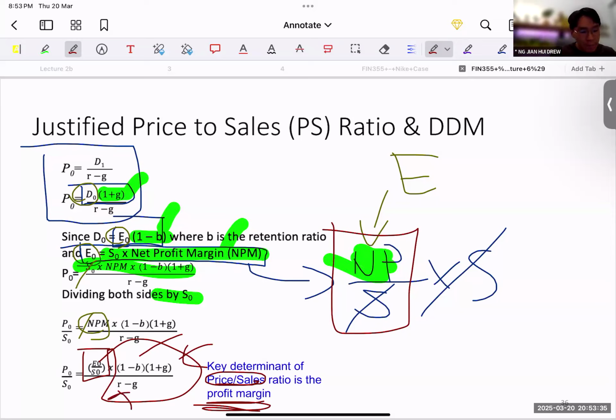Your r also has some effect, but the main thing that is going to make a big change would be this part here, E0 divided by S0, which is your profit margin. Any questions? So this is your justified price to sales ratio.